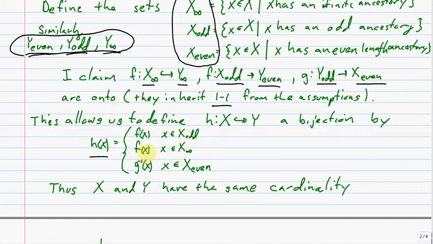We'll use f of x whenever we have an element of X infinity. And we'll use g inverse of x whenever x is an element of X even. And you might note that that does have an inverse, right? Well, I hope to demonstrate that they're one-to-one and onto, or at least argue persuasively.